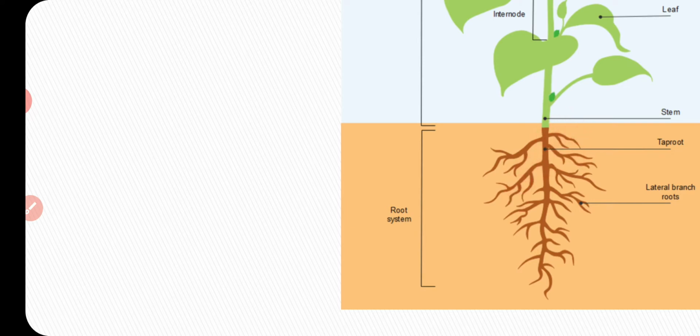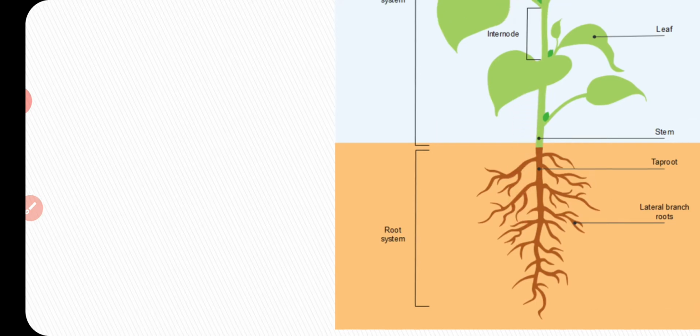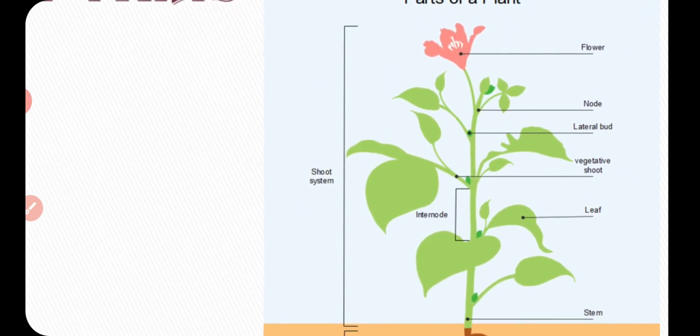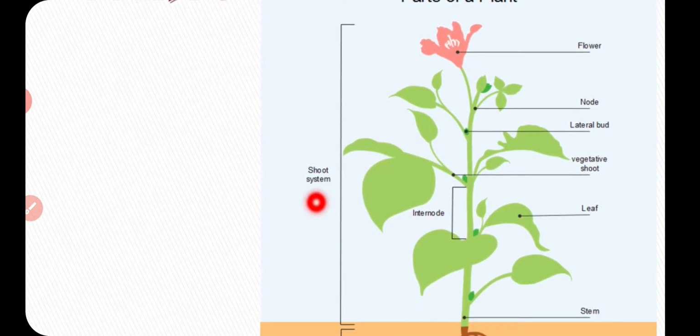And when the root system is finished, the plant grows with the shoot system. In the shoot system, the stem is present, internode, leaf, vegetative shoot, lateral bud, then node, flowers are present.